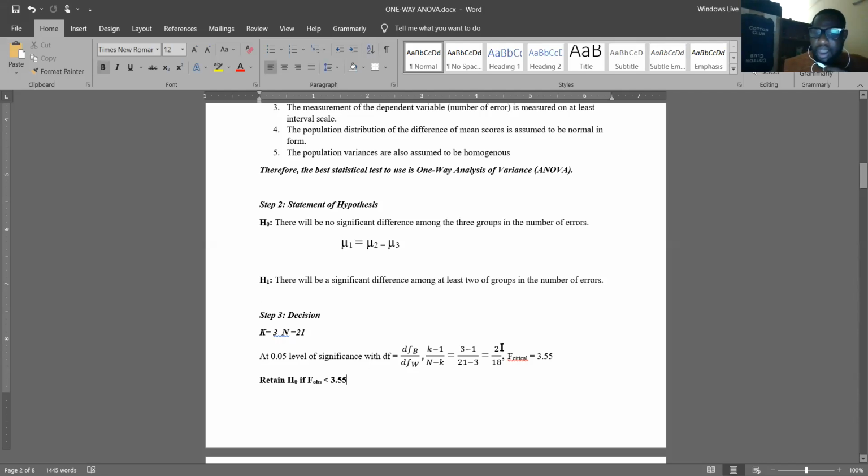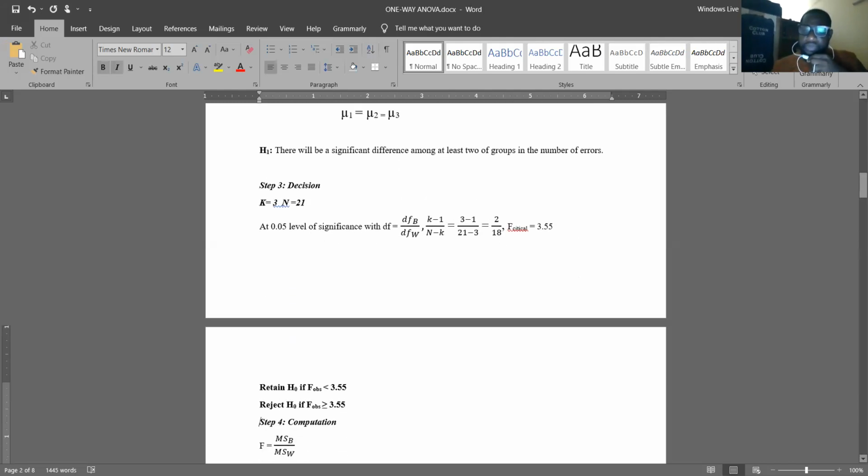Since we know our F critical to be 3.55, we can go ahead and state the decision rule. You remember I said when it comes to ANOVA, the F value that we want should always be positive. So we don't need to state the negative decision rule because we wouldn't need it.